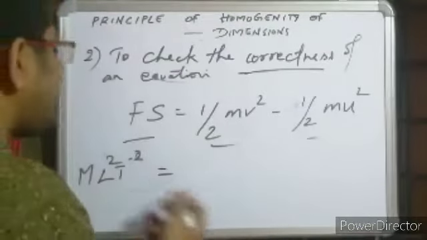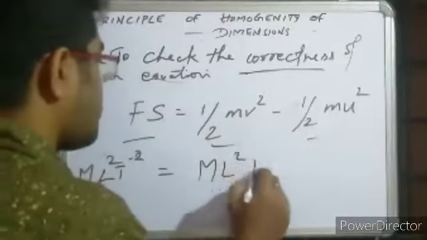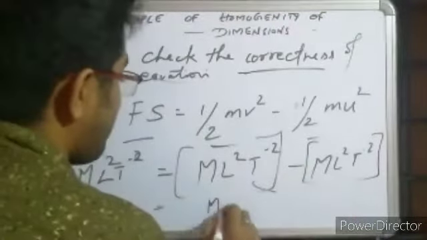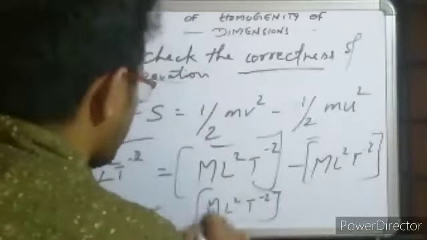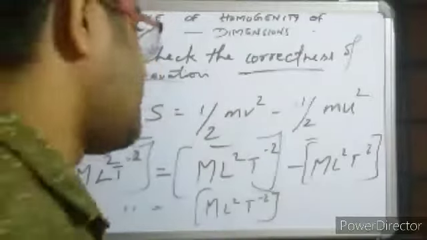Again energy and work have the same dimension, right? m L square t raised to minus 2 minus m L square t raised to minus 2. Again, don't write it as equal to 0, that is not correct. Just write it as m L square t raised to minus 2. So you are getting the same on the left side and on the right hand side.